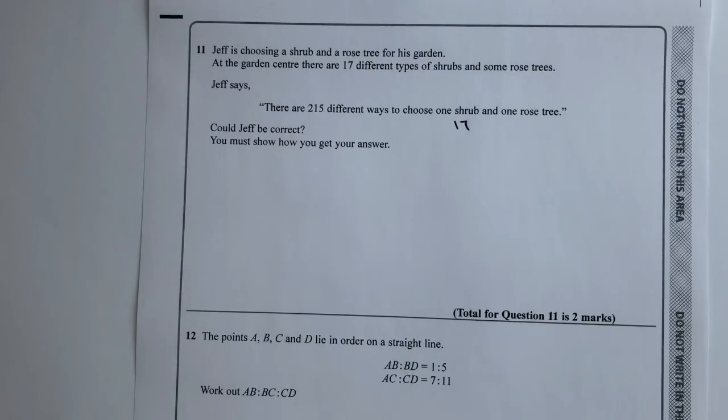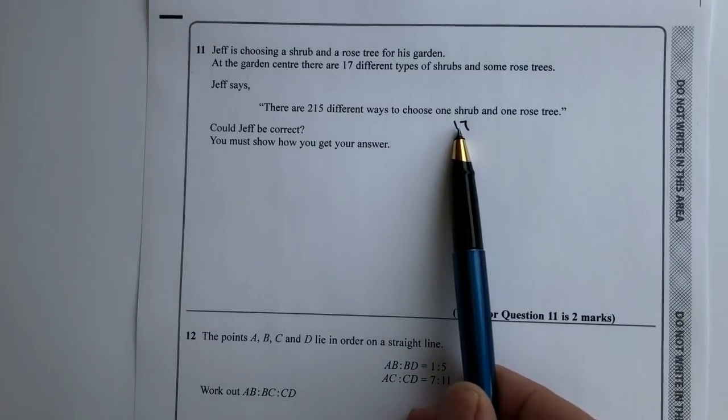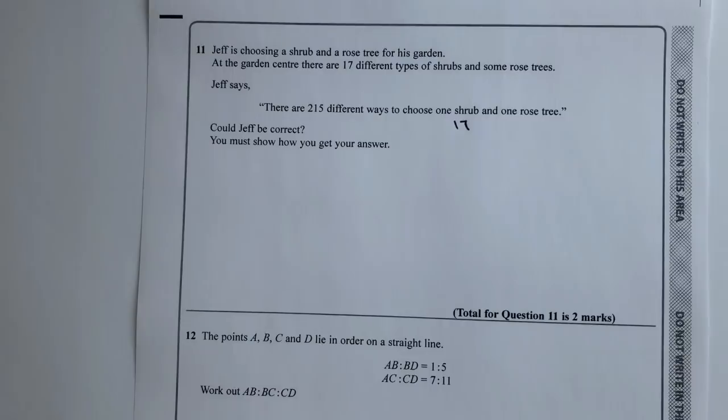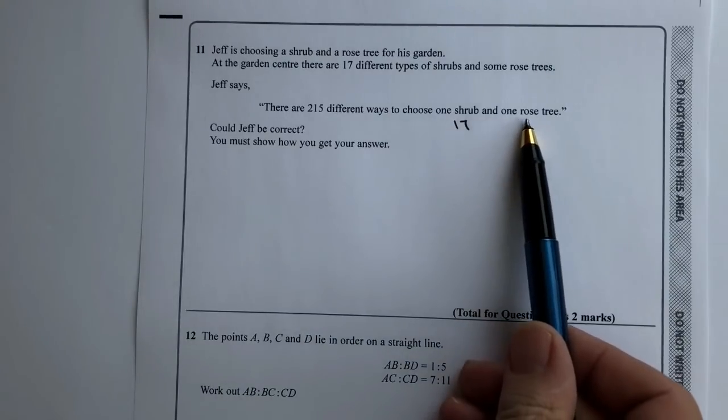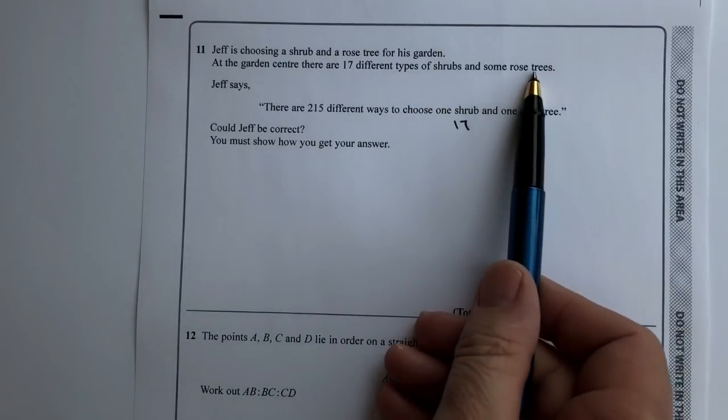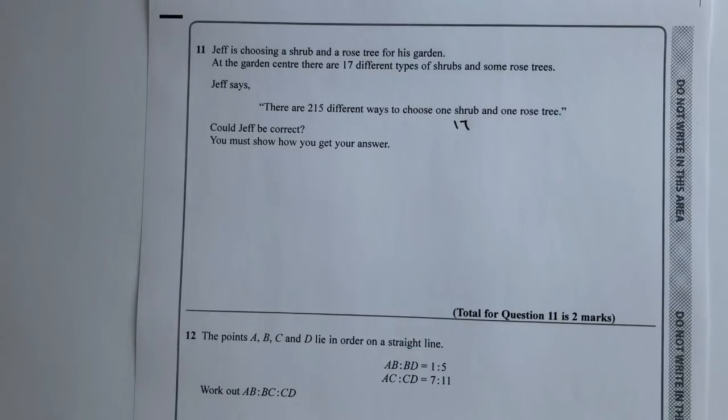because if there's 17 different types of shrub, there has to be a multiple of 17, beg your pardon. There has to be a number that when you multiply by 17 will divide into 215 in order for that statement to be correct. In other words, the number of rose trees available must be a whole number.